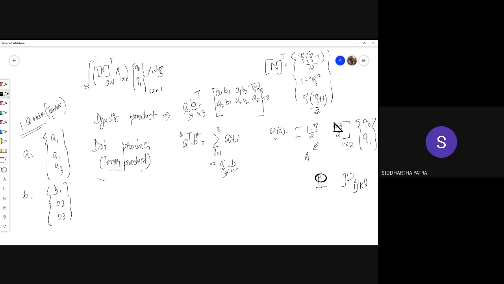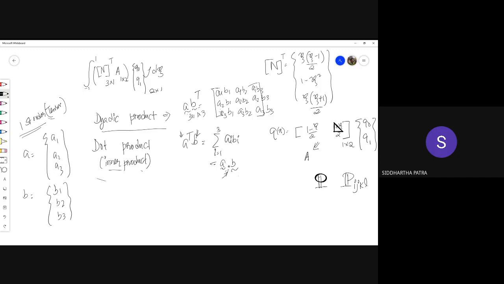With row, when the row changes, the index of a changes. When the column changes, the index of b changes. So you can do one type of product where you get a matrix out of a couple of vectors, and in that case the size of the vectors actually doesn't matter.